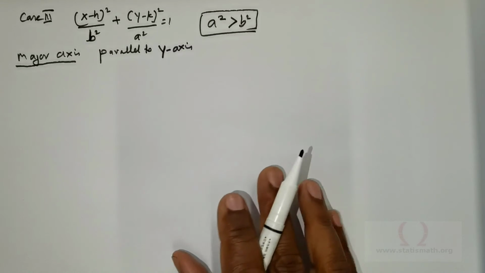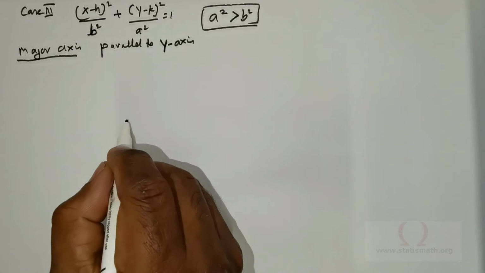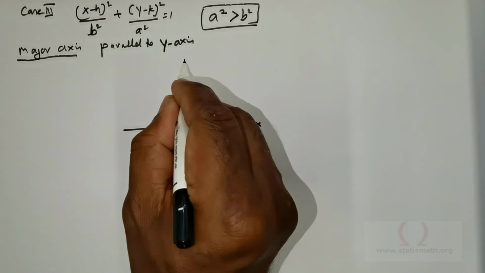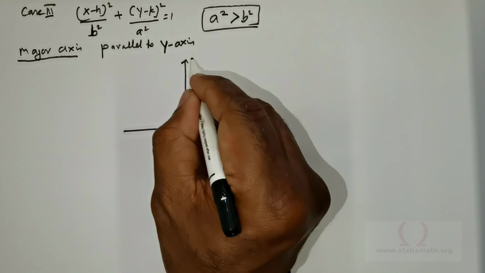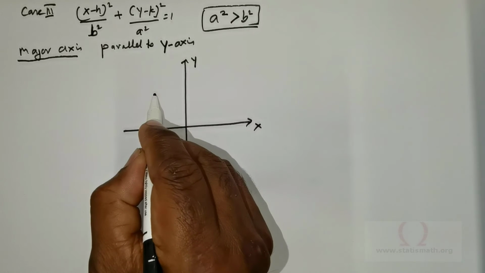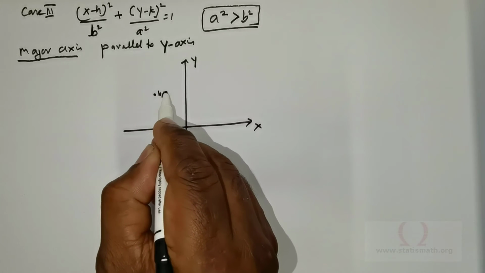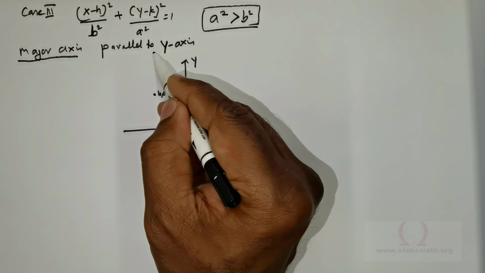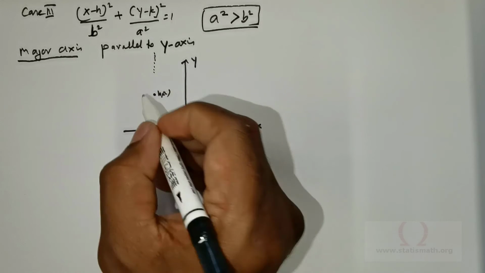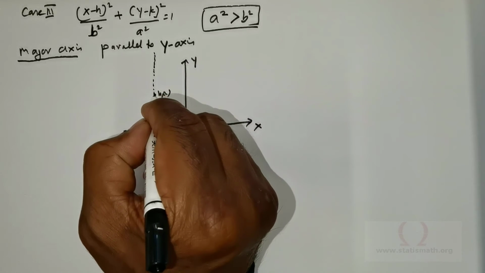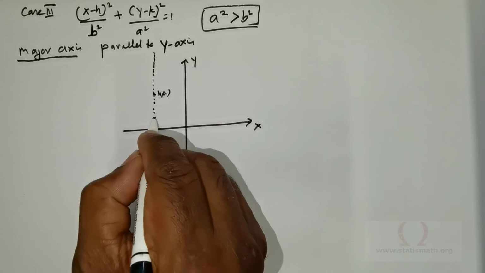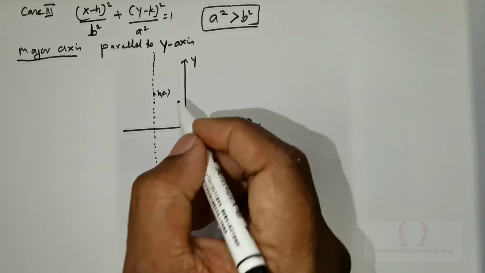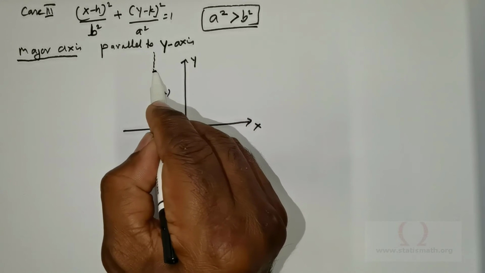So if we were to draw this ellipse, the shape would be as follows. This is the x-axis and this is the y-axis. The center is somewhere over here, h comma k. Let us assume it to be there. Now this is the axis, passing through the center. So we have the foci.